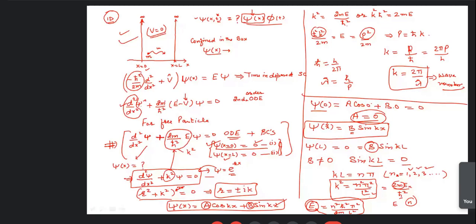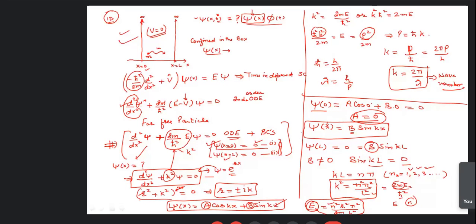The only thing varying is, if I give energy to this particle, it will be in a different energy state, having more energy, and those possible energy states correspond to different n values.